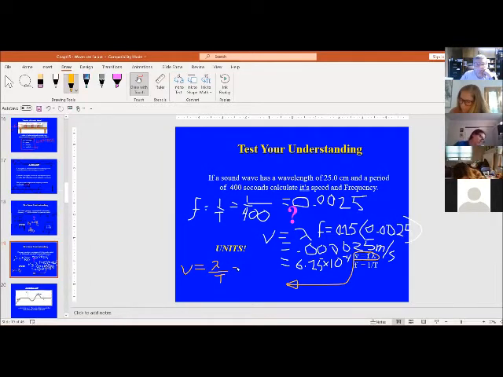It's the same formula. Frequency is 0.0025. Lambda divided by 400, we should get the same answer.